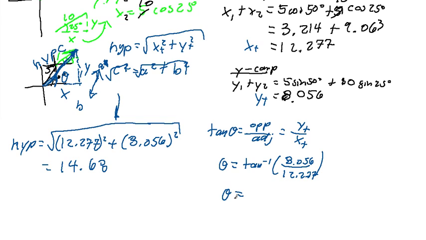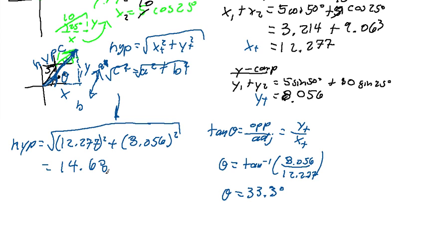So your angle ends up being the inverse tangent of 8.056 divided by 12.277. Your angle is 33.3. Just round it to 3 sig figs.